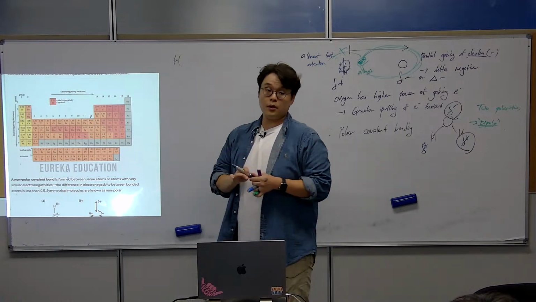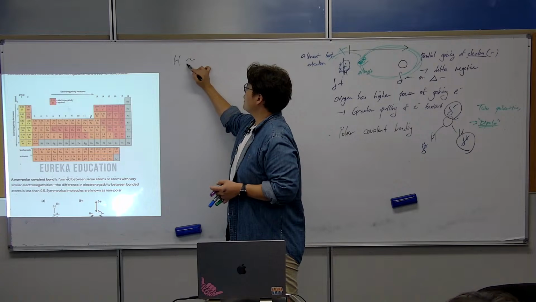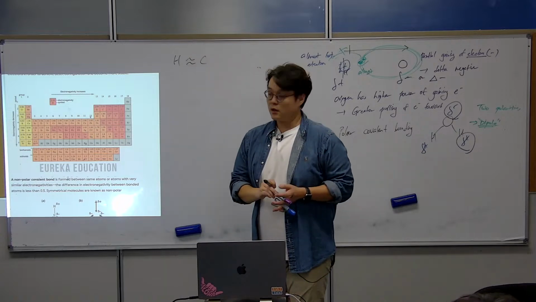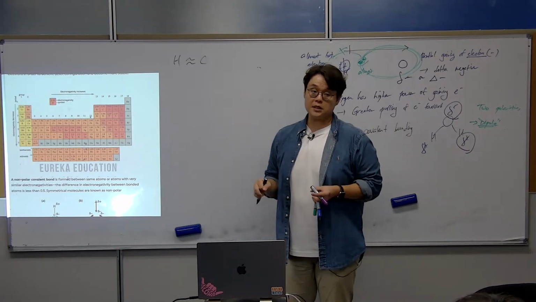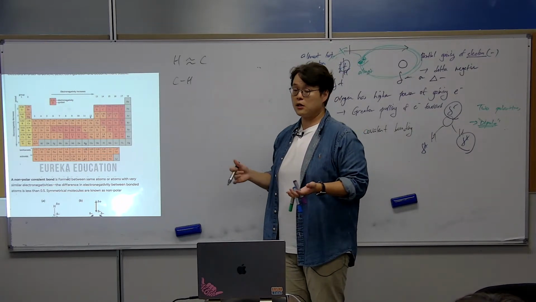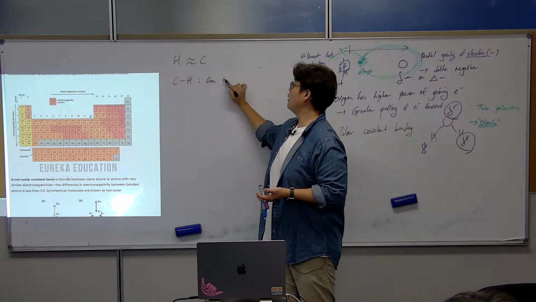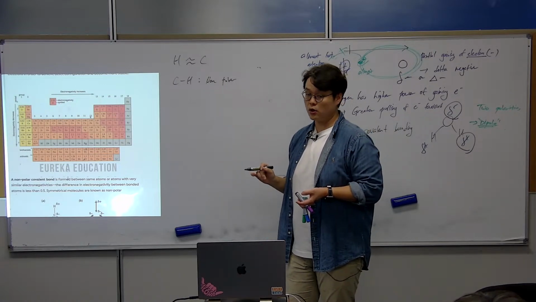Hydrogen is something that's very important. It has a very similar electronegativity to carbon. You see that 2.20 and 2.55 means that when carbon is forming a covalent bond with hydrogen, you start to say that this must be non-polar. Okay, does it make sense though?